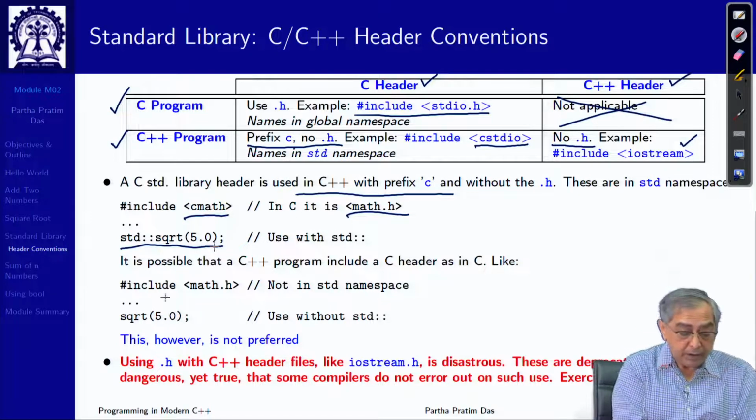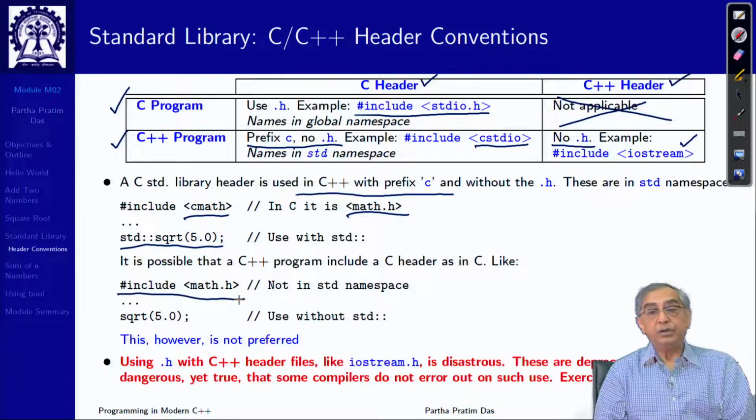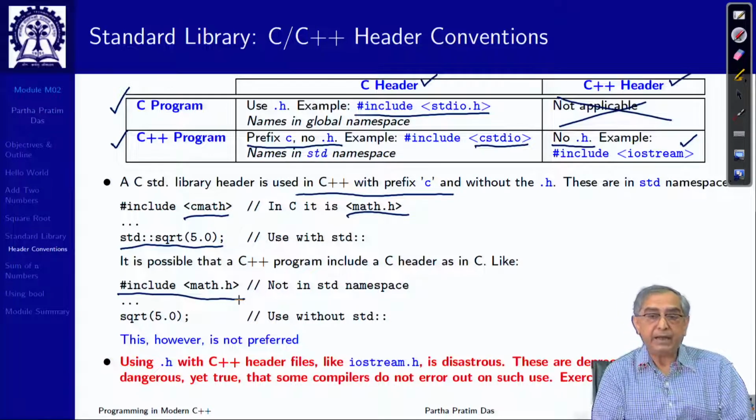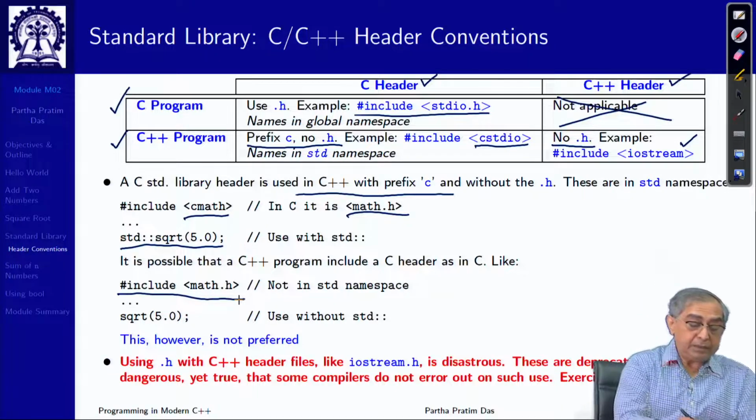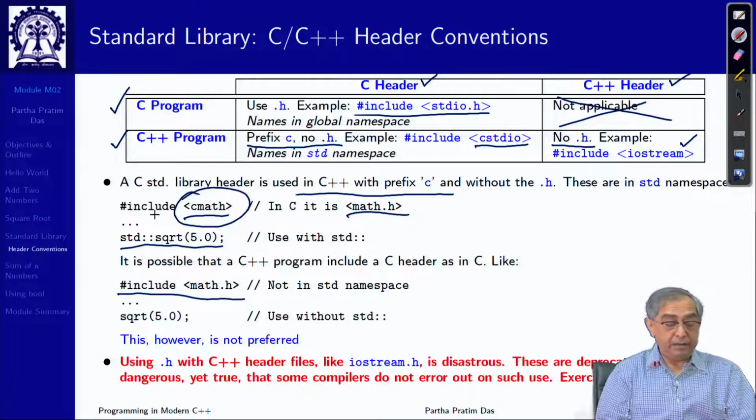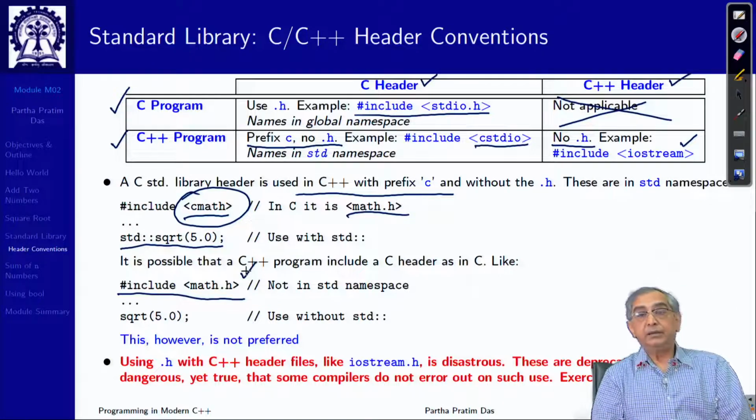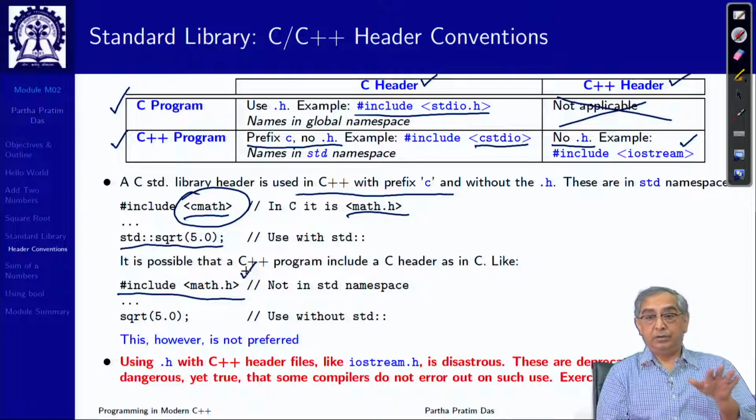Now, if you happen to use a C standard library component in C++, not with the C++ style, but just as math.h, you are perfectly okay to do that. It is not preferred, but it is not wrong.